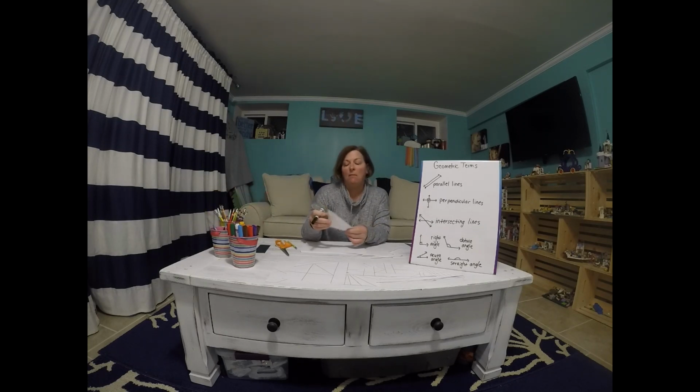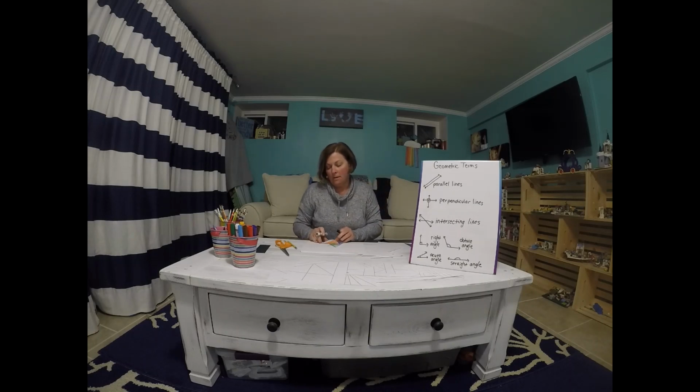You're going to take a black marker or a black crayon, and you're going to go over the pencil lines that you drew from the start, to make them pop. You can even go around the edge of your shape.